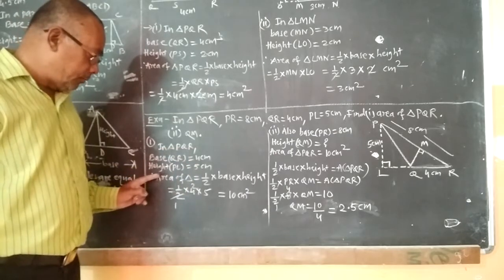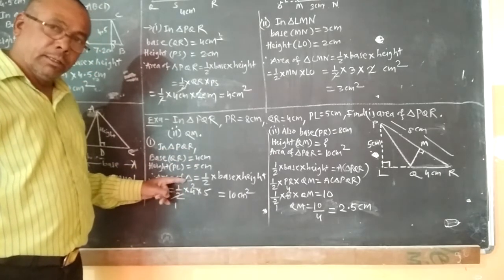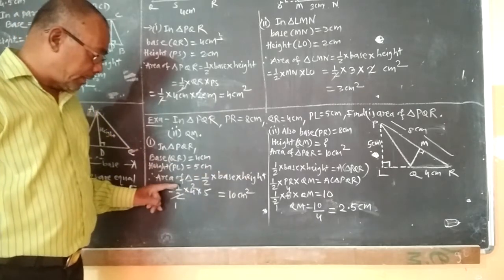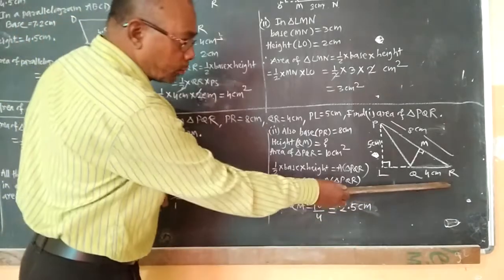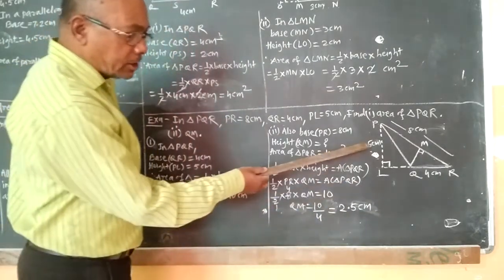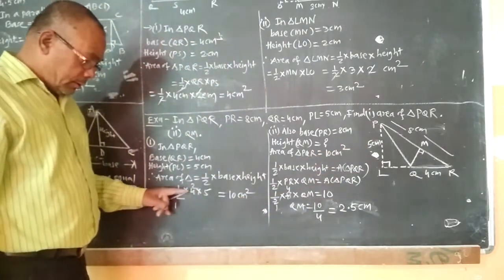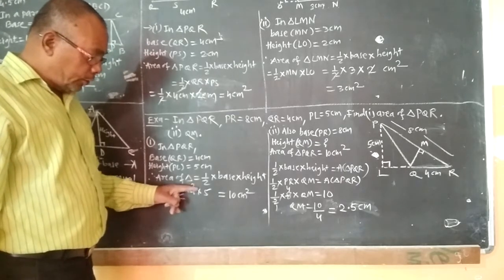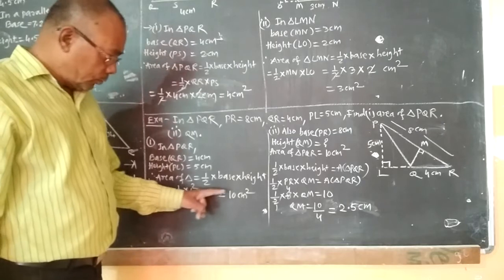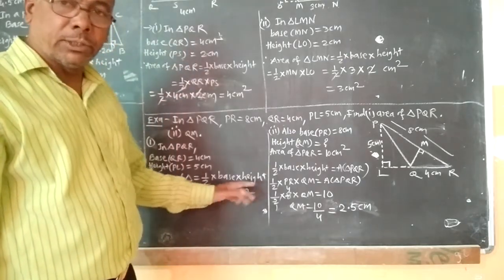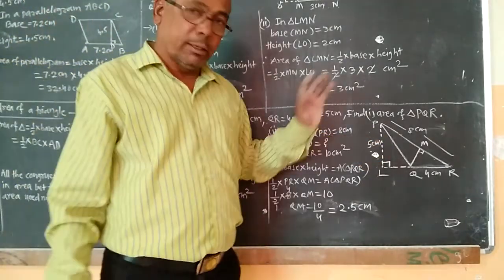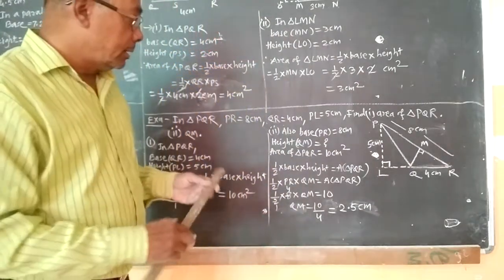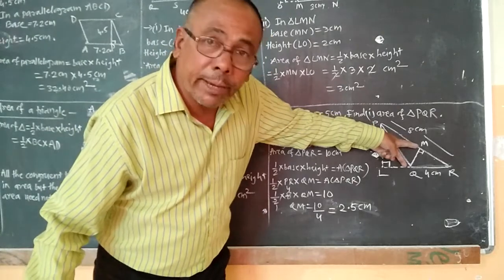So in triangle PQR, base QR is equal to 4 centimeter, height PL is equal to 5 centimeter, and therefore area of triangle is equal to 1/2 into base into height, that is 1/2 into 4 centimeter into 5 centimeter. Here 4 can be divided by 2, so 2 into 5 is equal to 10 centimeter square, the area of the triangle. Now we have to find the length of QM.